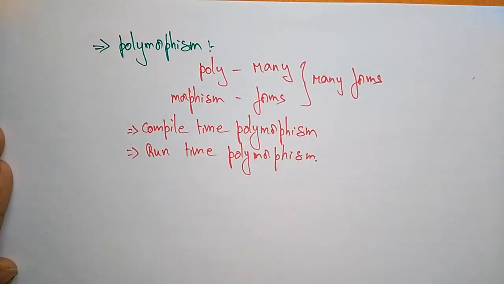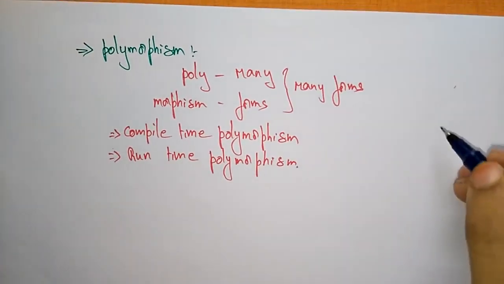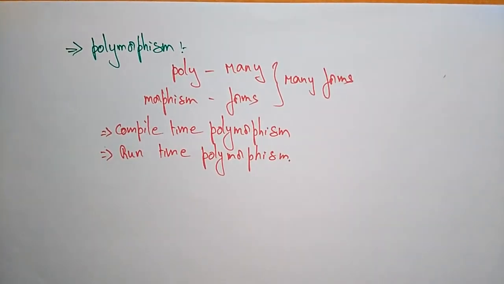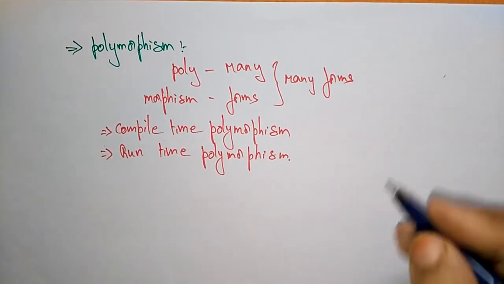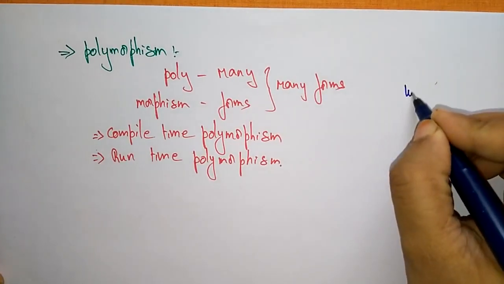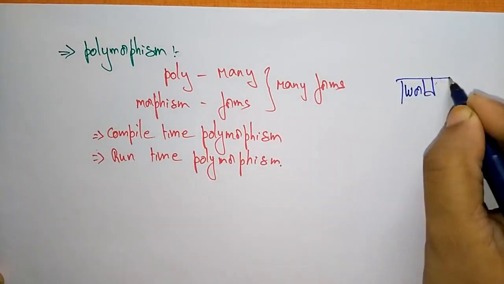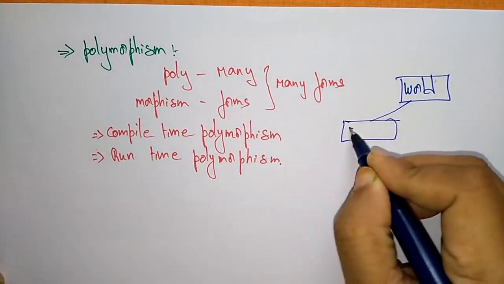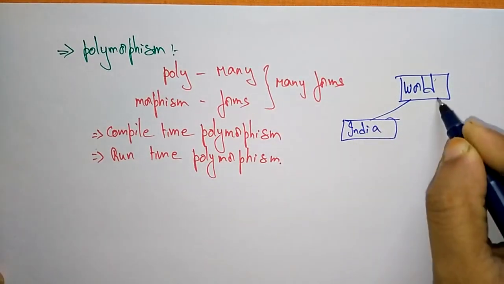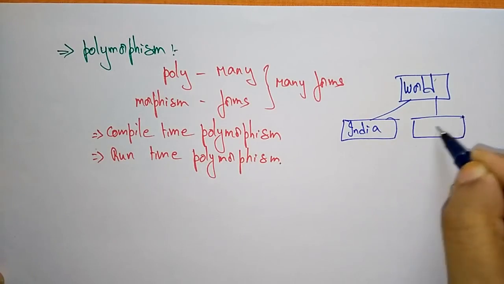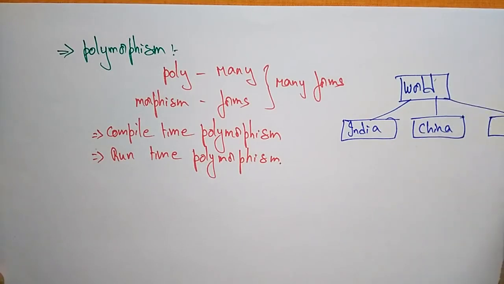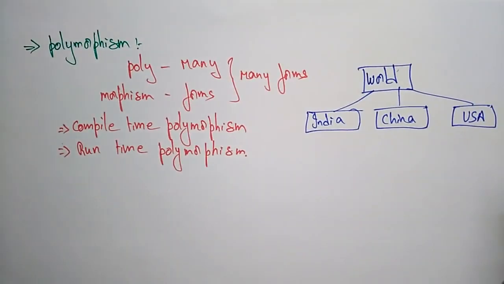So let us see an example for this polymorphism. I said one thing can be represented in many forms, that you call polymorphism. If you take the world, in the world you have India, one country, China is another country, USA is another country.